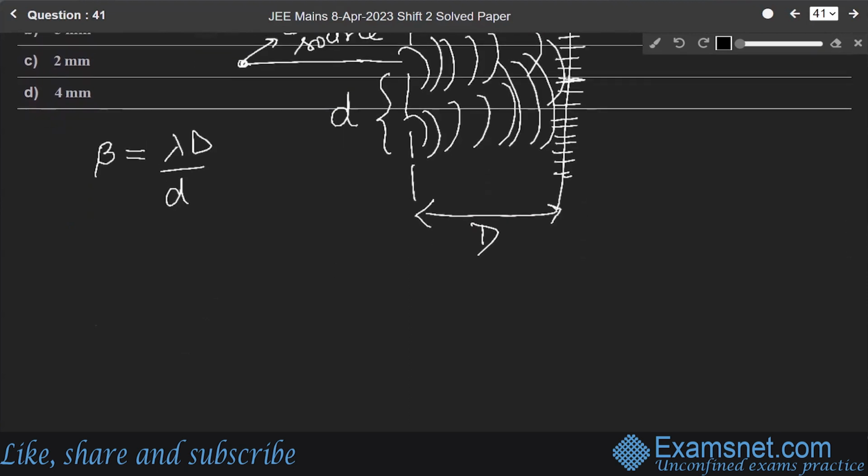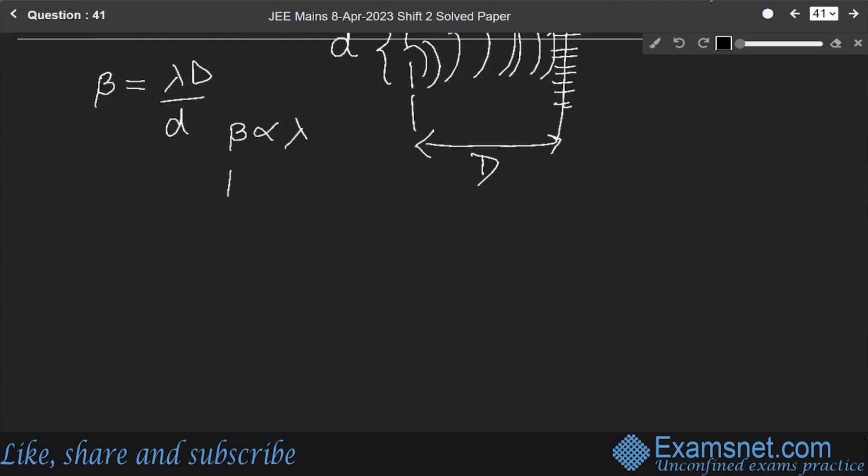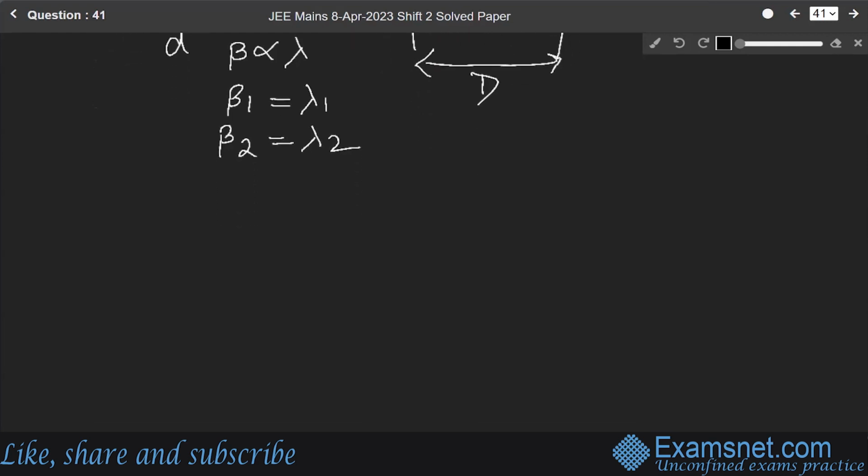So the formula is beta equals lambda D over d. It means beta is directly proportional to lambda, so fringe width is directly proportional to lambda. Therefore, beta 1 over beta 2 equals lambda 1 over lambda 2.